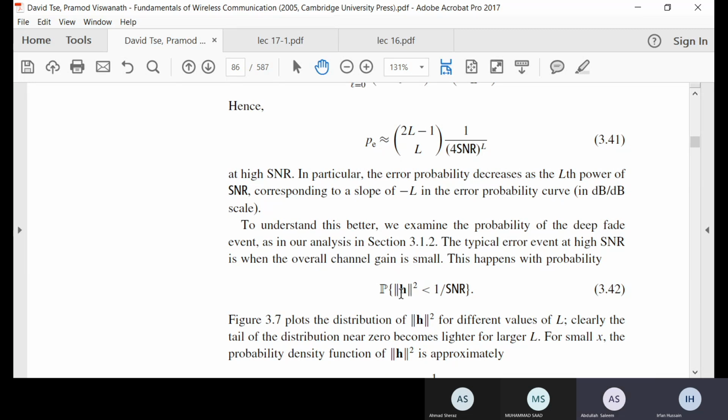Now we have L values of h, and they are making up your h mod square. Now if you compare the Q value of this diversity with the Q value of the single path, there it was h mod less than 1 over SNR, and you were in error. Now if you want to be in error, h mod square must be less than 1 over SNR.